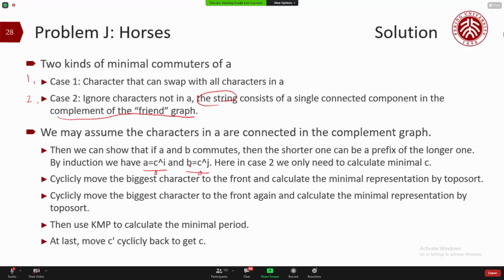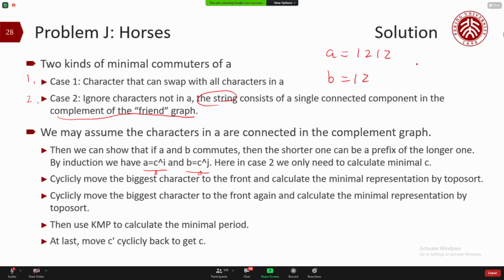In this case, we need to pay attention that for equivalent strings, it's not necessary to get one from the other by swaps. Here's an example: A equals 1, 2, 1, 2, where 1 and 2 are not friends, and B is this pattern.